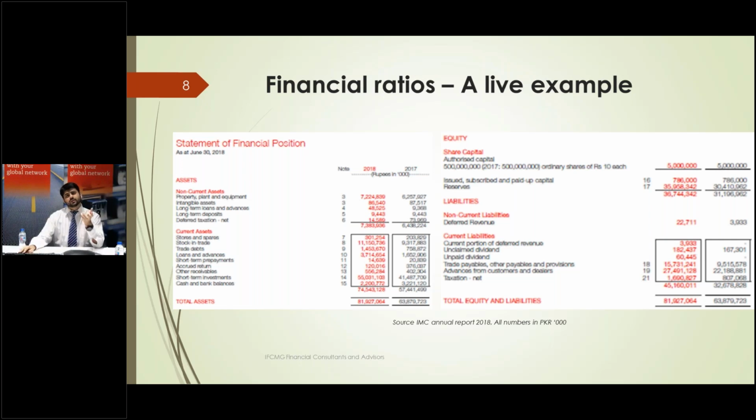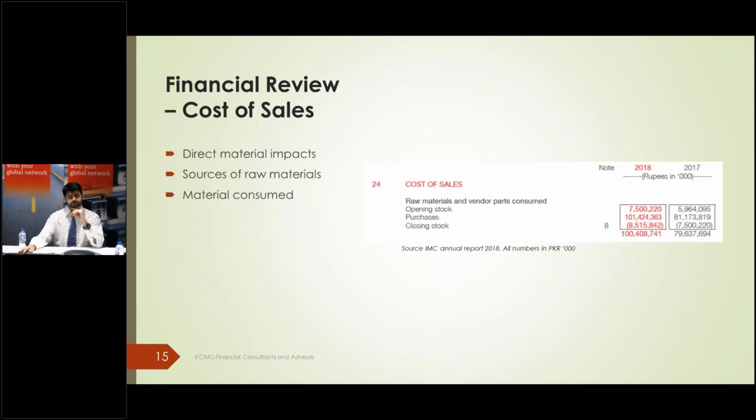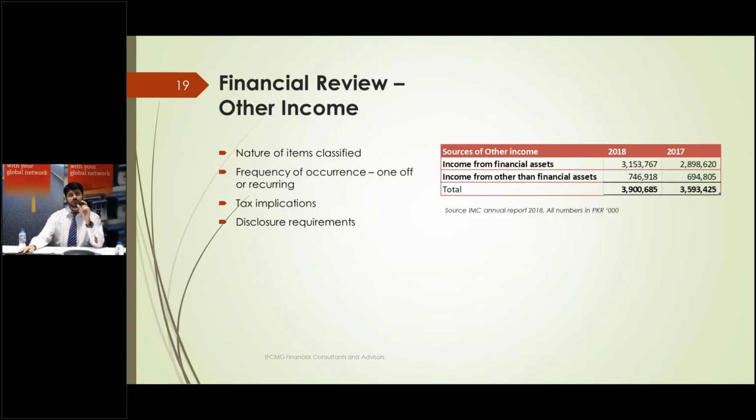So we're going to circle back to the other income. You can see we're generating 3 billion income from financial assets against approximately 2.9 billion from financial assets in the previous year.